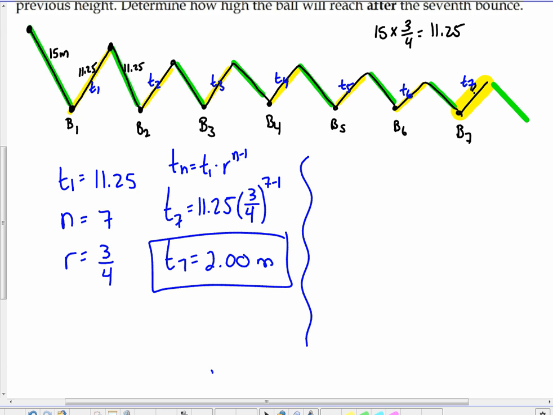We need to find term 8. So after the 7th bounce, when it goes up, it also goes down the same. So we'd be looking for term 8 if we're using term 1 equals 15. So you could use 15 as your first term, but then your n value is going to be 8, and that would also give you 2.00 as your answer. Your call.